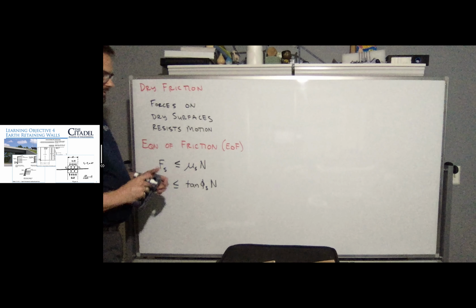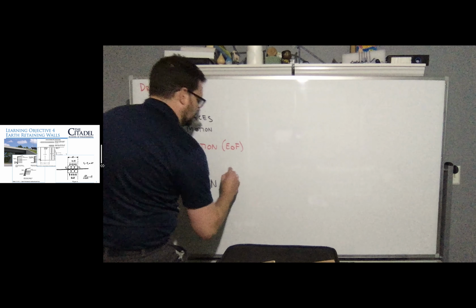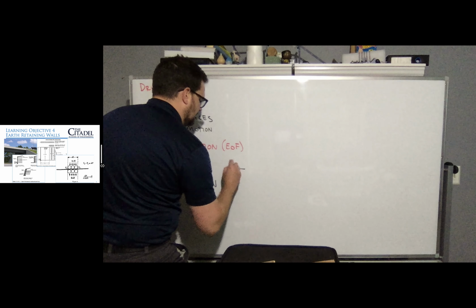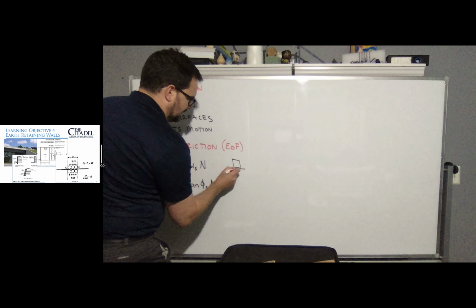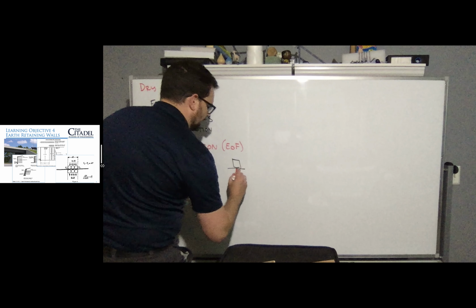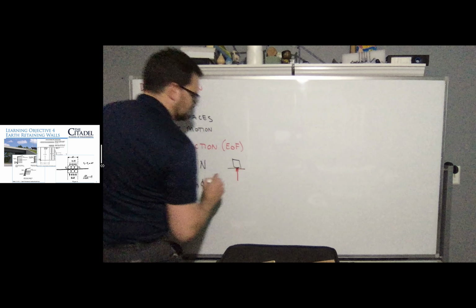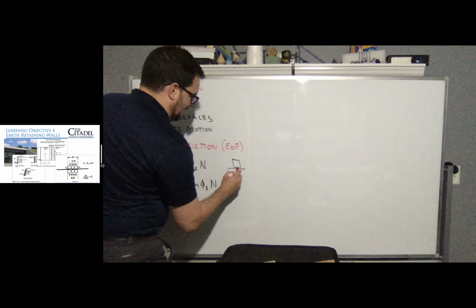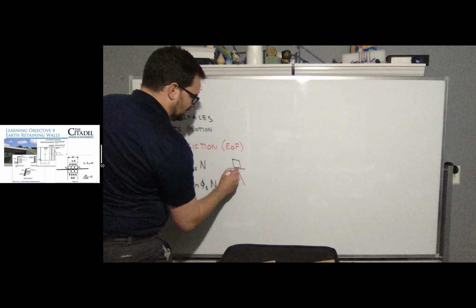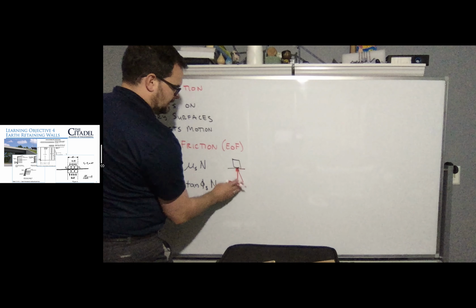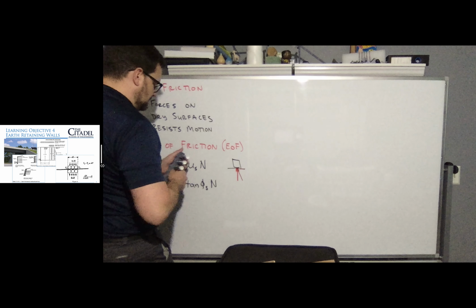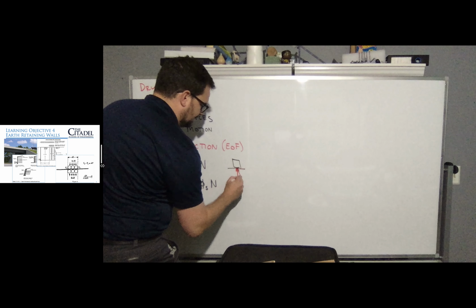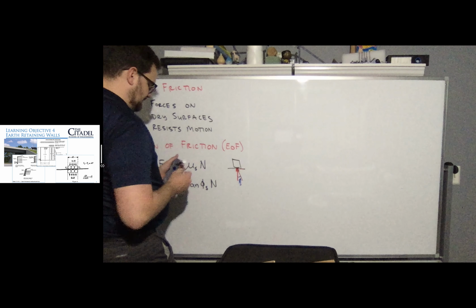If we think about a surface with some object, the normal force is perpendicular to that surface, and the frictional force is resisting that motion. If we combine these two, we'd get this resultant here, the square root of the sum of the squares, and it turns out this angle in here is the friction angle, phi sub s.